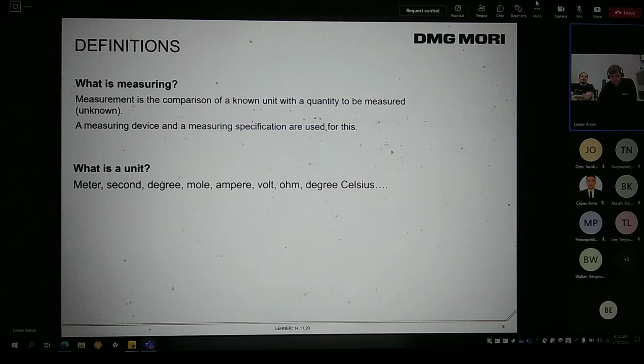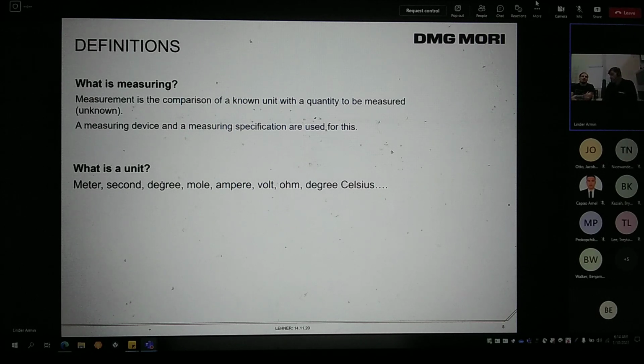You can imagine our machines are for measurement. You have a tolerance, and the tolerance for our measurement results is mostly 20 microns for the basic machines, the standard machines.